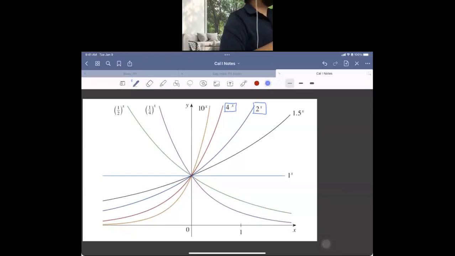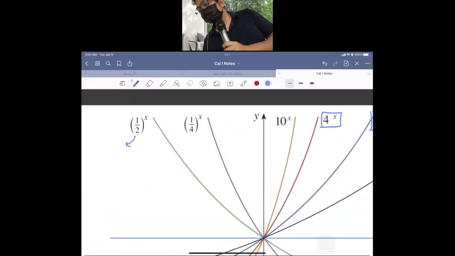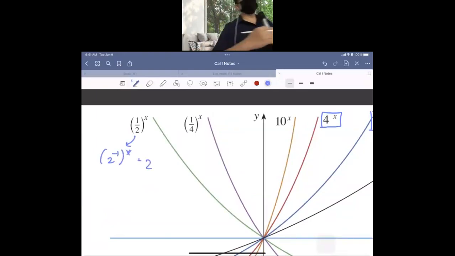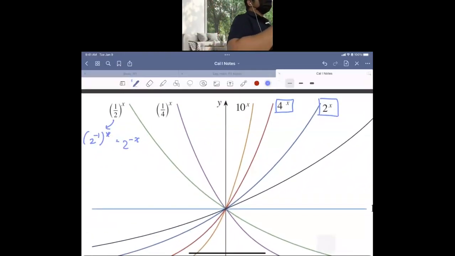And for example here, we can write 2 with power of negative 1 x, or 2 with power of negative x. Right? When we have this, we will see that it mirrors 2 with power of x, and that's also one property of the exponential.